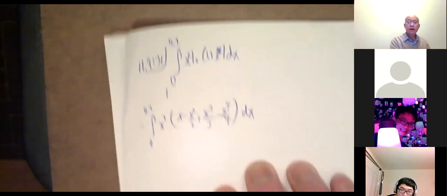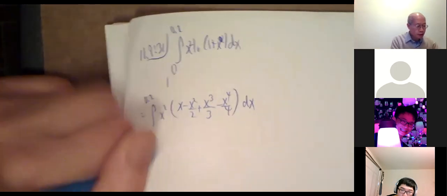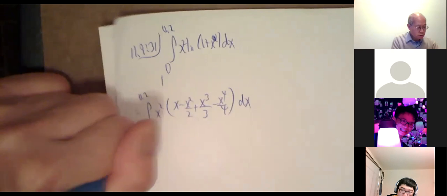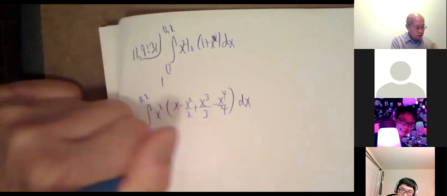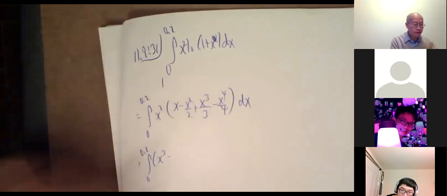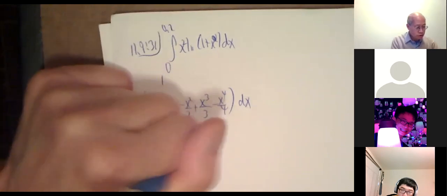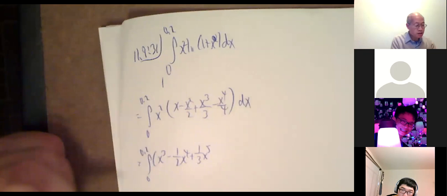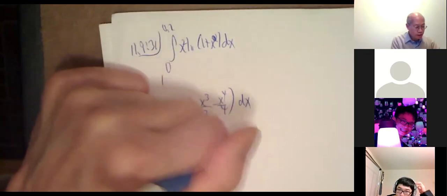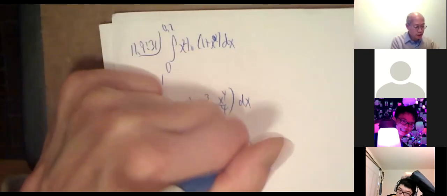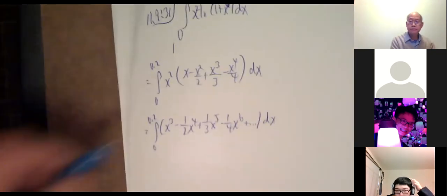Then I distribute: x cubed minus 1/2 x to the 4th plus 1/3 x to the 5th minus 1/4 x to the 6th plus dot dot dot, dx.